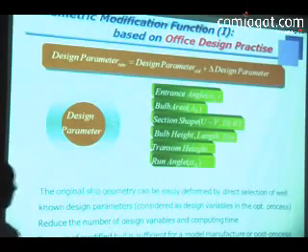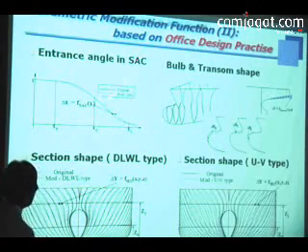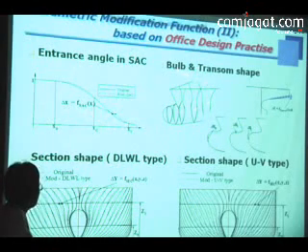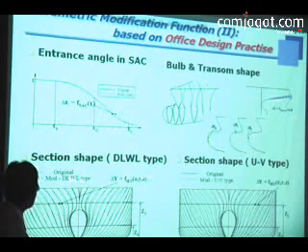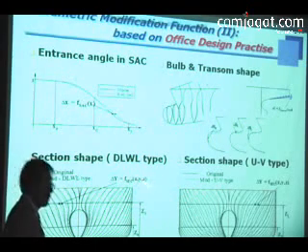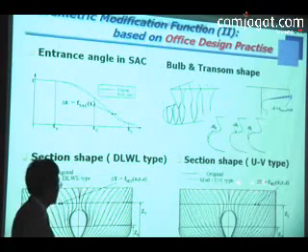Next. This is an SH curve. This is a perturbation function, a function of x. And the bulb transverse shape, and also section shape. And design line. This is an XYZ three-dimensional function. This is a parabolic type, and also section UV type.